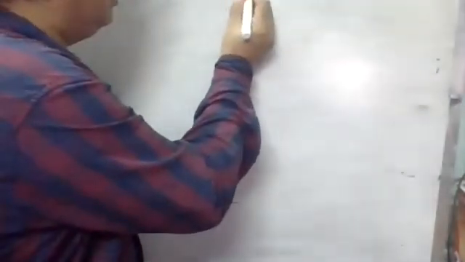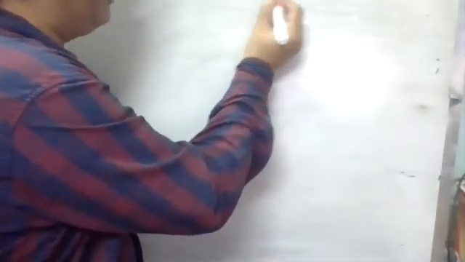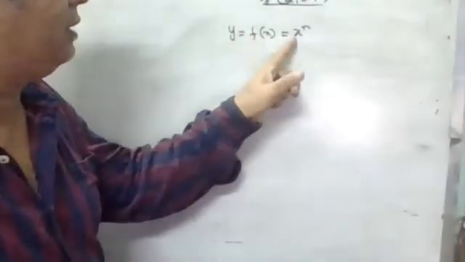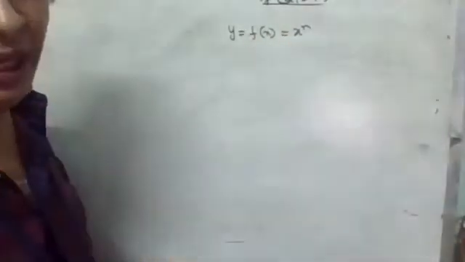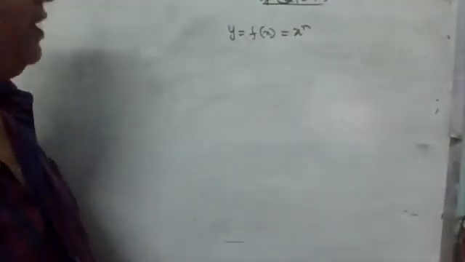I will not show you all, but at least the one formula, first formula, of your textbook or any joint table book, let's discuss using first principle. Say y is equal to f(x), that is x to the power n. How to get the differentiation of f(x) using the first principle?